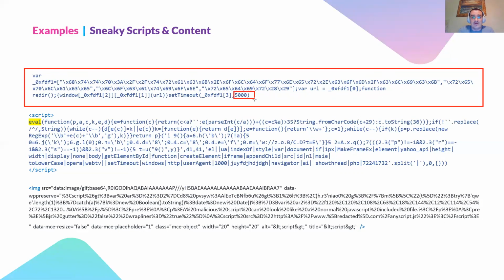So here we have the timeout, and here we have the variable which holds our URL that will send the visitors there. In this situation, it's always good to check for deobfuscation tools online.